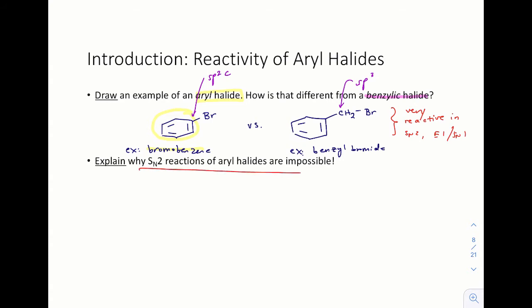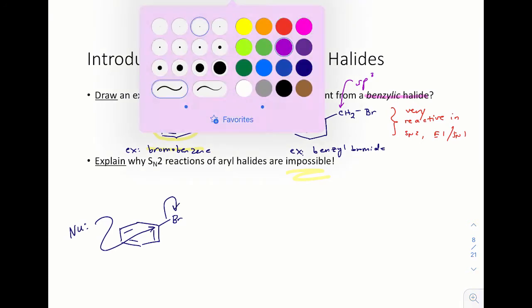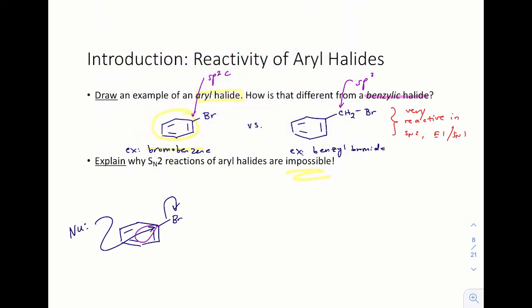However, SN2 reactions of aryl halides are impossible. Impossible. That word was used on purpose. Why do you think that is? Well, I do hope that you answered because sigma star C-Br is literally in the middle of this ring. It is surrounded by a bunch of carbon atoms that are in plane with it.